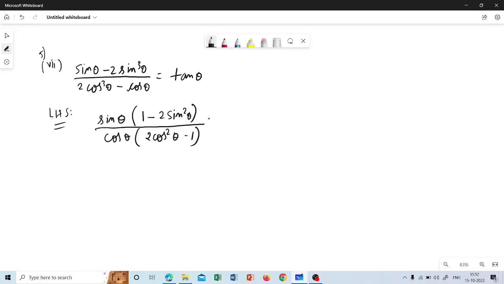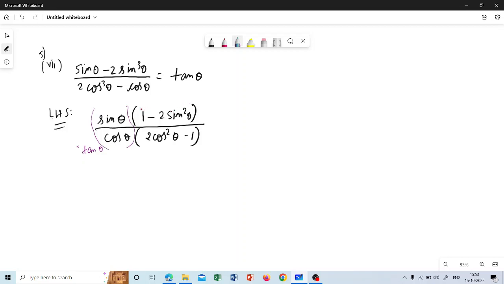So now if you observe sine theta by cos theta, this expression is already tan theta. So we got the right hand side result.